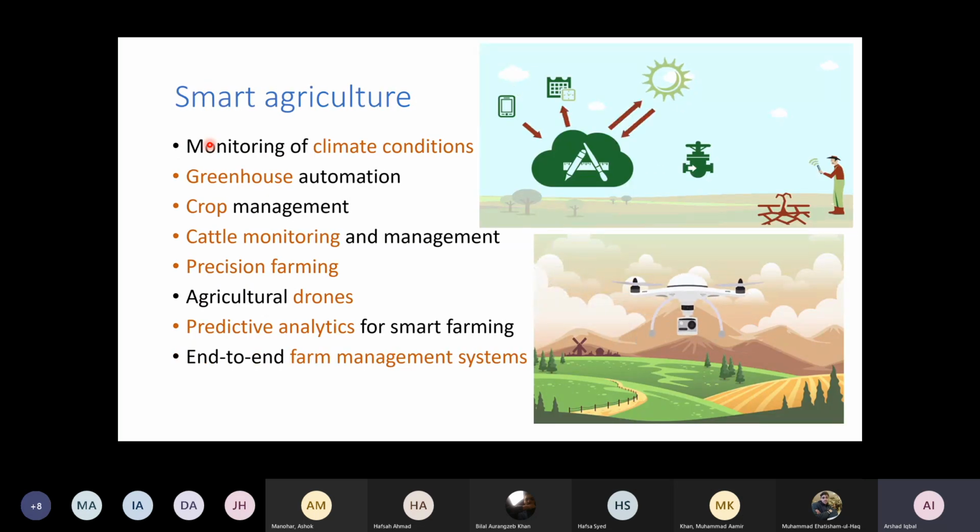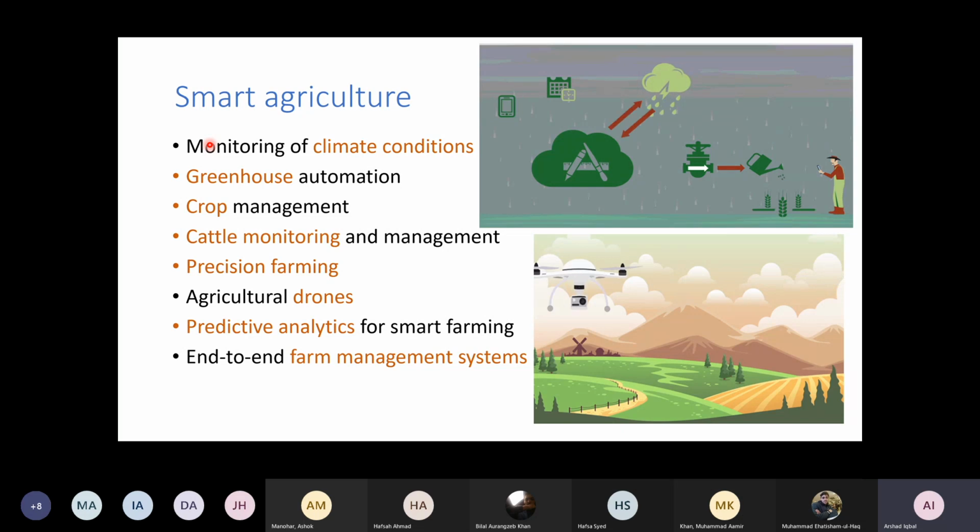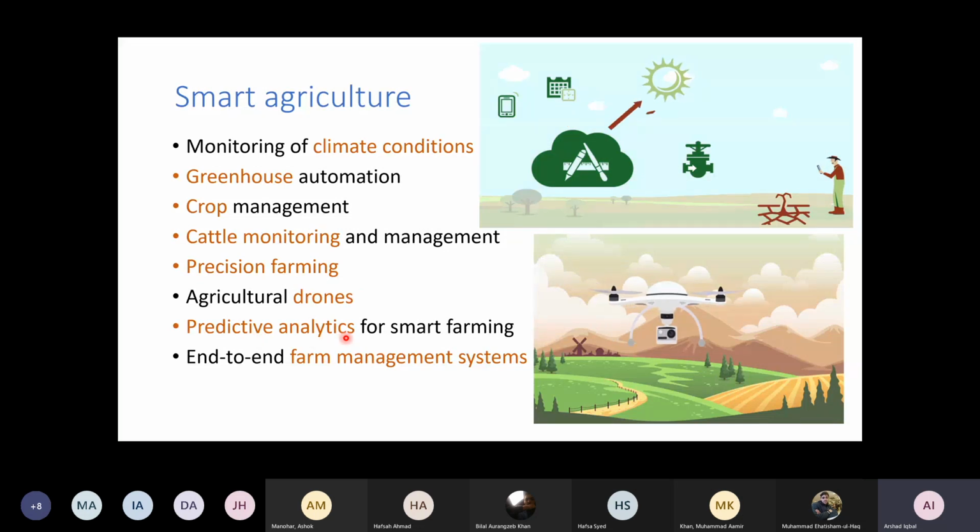Smart agriculture. Smart agriculture actually is the monitoring of climate conditions, greenhouse automation, crop management, cattle monitoring and management, precision farming, agricultural drones, predictive analytics for smart farming, end-to-end farm management.